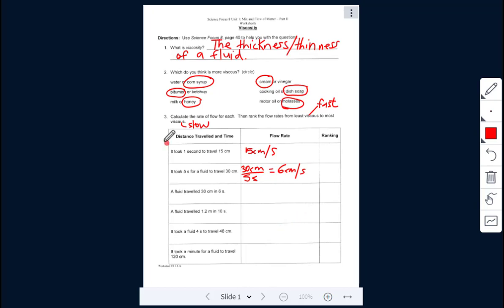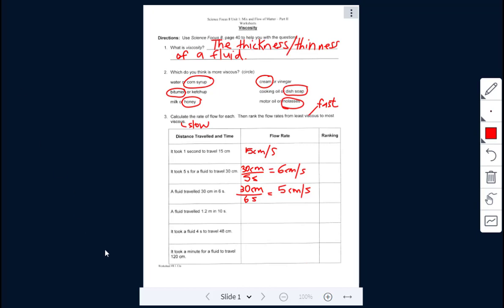All right, next we have a fluid traveled 30 centimeters in 6 seconds. So same thing here, it's 30 centimeters per 6 seconds. So we're going to change that to 1 second. So 30 divided by 6, now that gives us 5 centimeters per second.